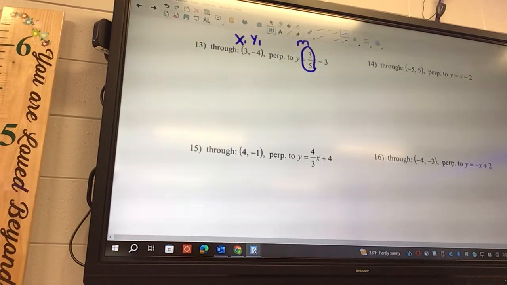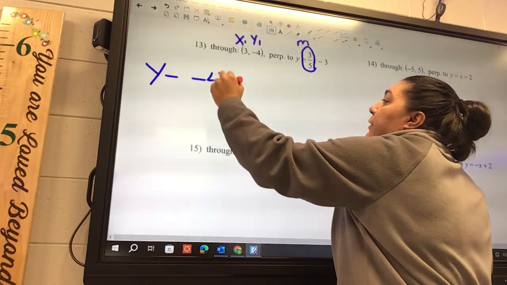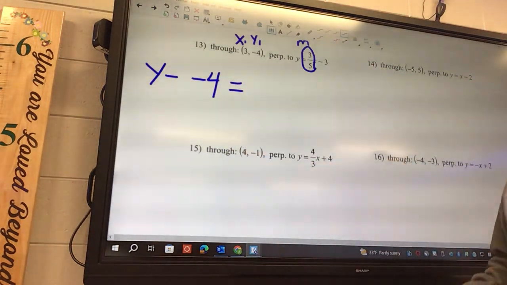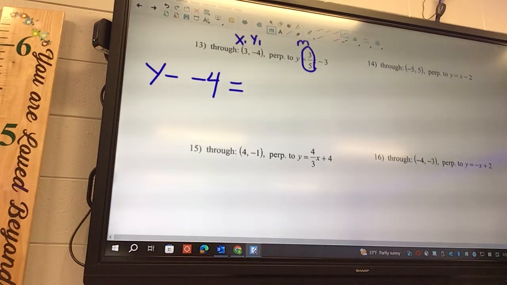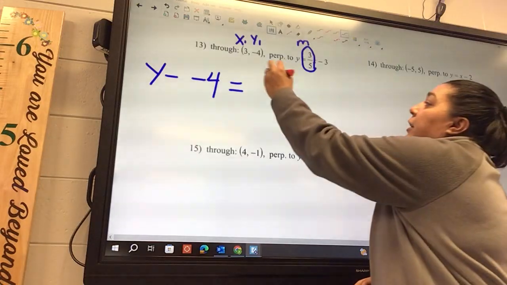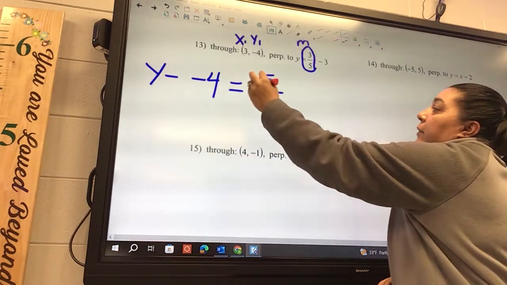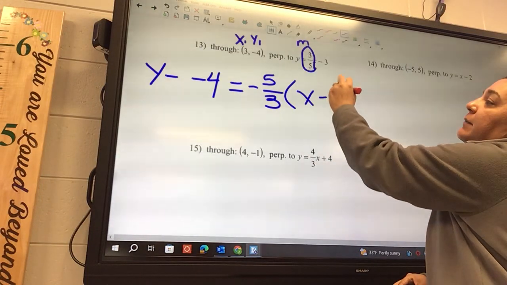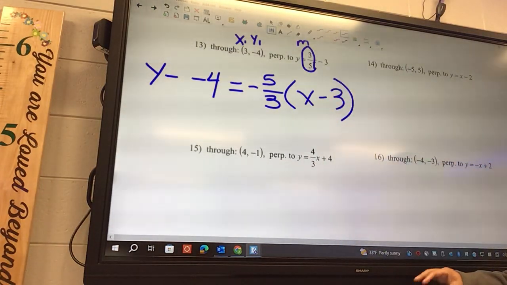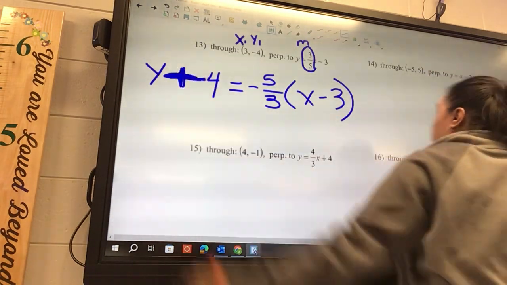So we're going to say y minus my y1 is -4 equals, my m, I need to flip it. So what is the flipped going to be? 5/3, and I need to change it. So is it going to be negative or positive? It's going to be negative. x minus my x1 is 3. And then I'm going to put this as a plus.